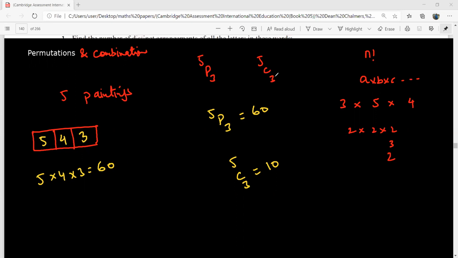The other way is you choose 3 from the 5. How many possible choices are there? There are 10 choices. You choose 3 paintings from those 5 paintings. And now if you arrange them, do you really get 60?